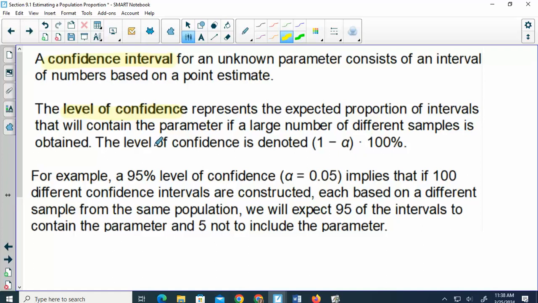It's typically given as a percent, so a 95% confidence interval means if we made 100 different confidence intervals, we would be confident that 95 of those would include our true value. If I say I'm 60% confident, that means if I built 100 intervals, 60 of them would contain the true value. Does that make sense? So it's basically how confident we are that our value would be in that range.